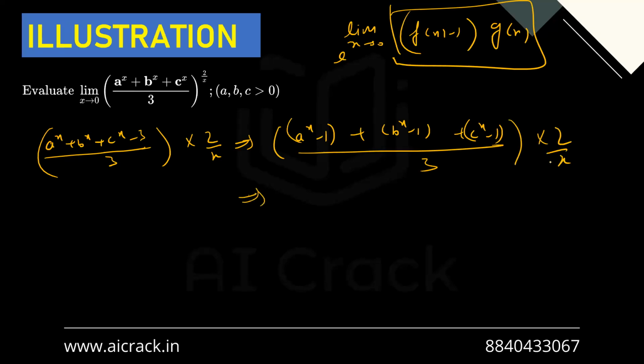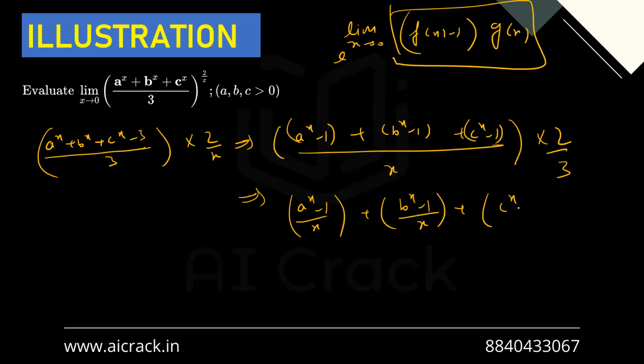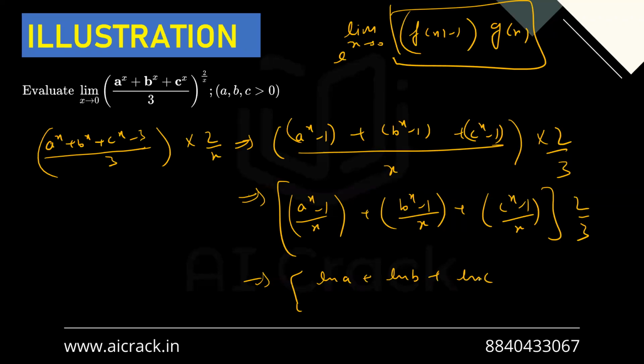Now what we can do is take this x over here and take this 3 out. This would become (a^x - 1)/x + (b^x - 1)/x + (c^x - 1)/x, whole multiplied by 2/3. Now if we take the limit, this would be a standard limit, that is ln a, this is ln b, and this is ln c, multiplied by 2/3.